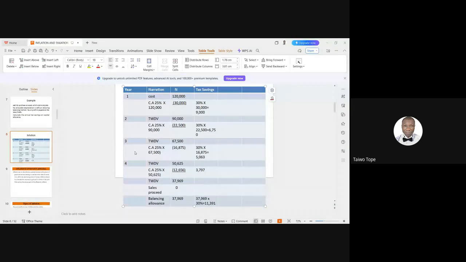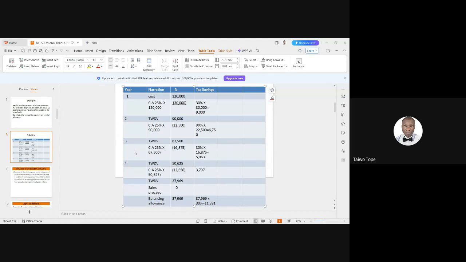You enjoy capital allowance, and it helps you to reduce your tax liability. That is why we compute capital allowance.